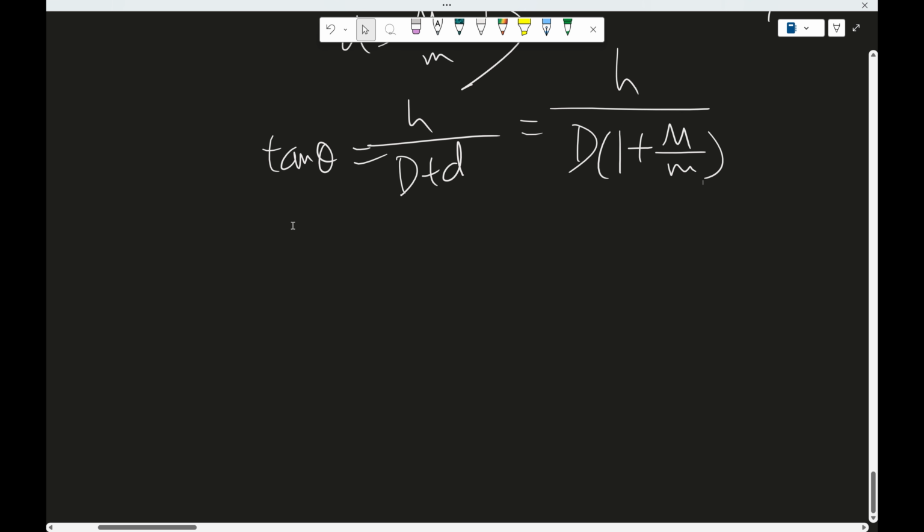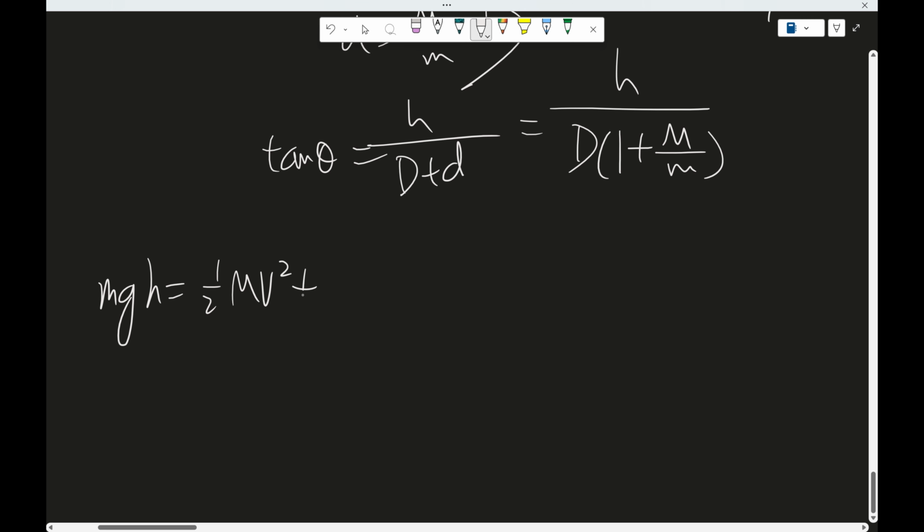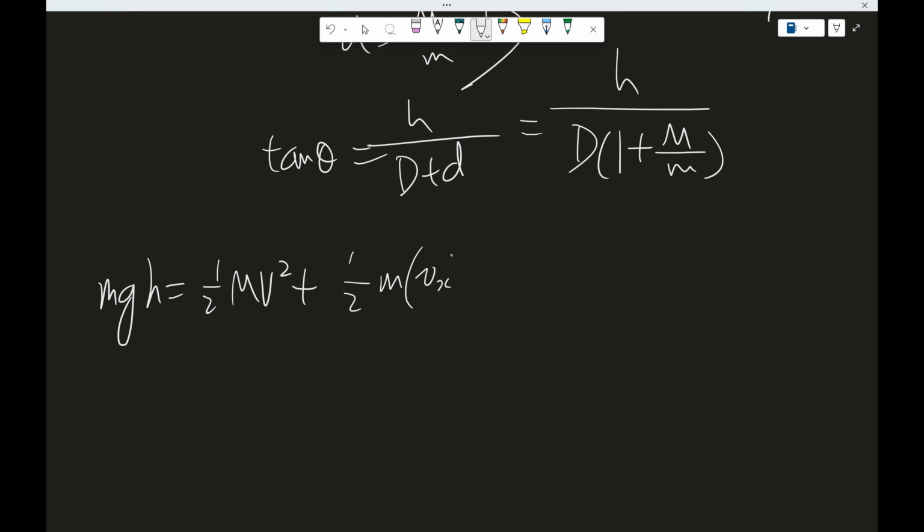So I'm just going to rewrite it here. mgh equals half big M V squared plus half small m v squared. Let's write it as vx squared plus vy squared plus, what do we have? We have the rotation, so half I omega squared.